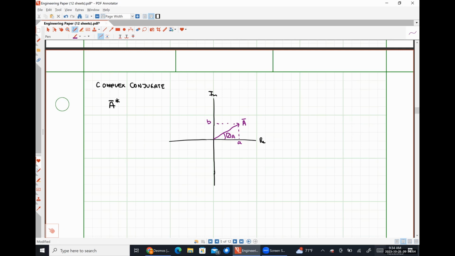The conjugate operation is simply flipping this complex number over the horizontal axis, meaning that A conjugate would be this guy right here. So we are still A units out in the real direction, but now we are negative B units out in the imaginary direction.